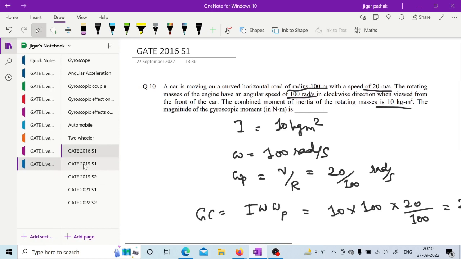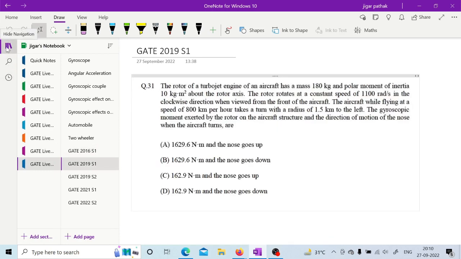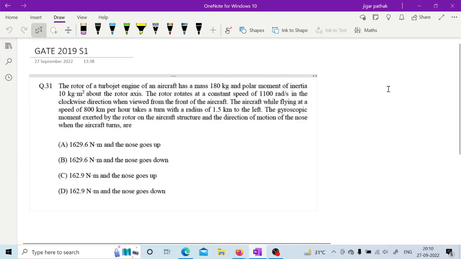If you go to the next, here the rotor of a turbojet engine of an aircraft has a mass 180 kg and polar moment of inertia 10 kg meter square about the rotor axis. The rotor rotates at a constant speed of 1100 radian per second in the clockwise direction when viewed from the front of the aircraft.